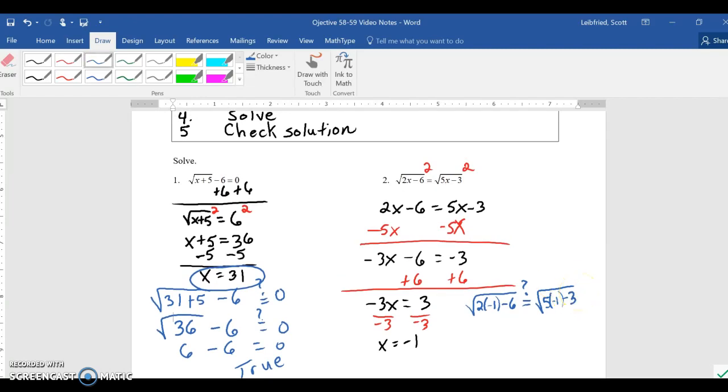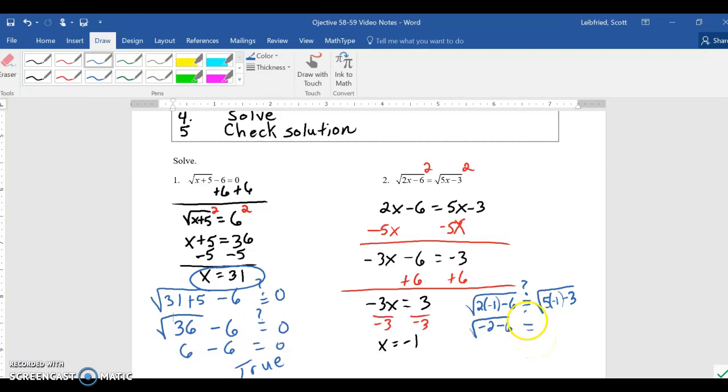On the left side, I get the square root of negative 2 minus 6.